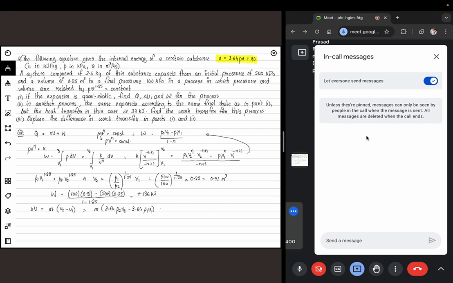So this gives me the change. We already know the values of V1 and V2, you just substitute that.